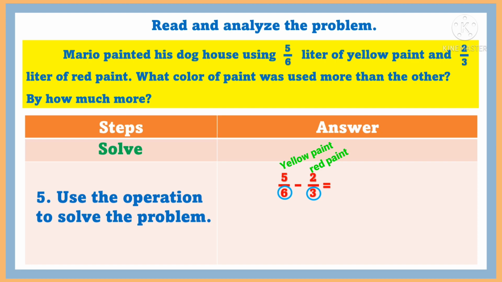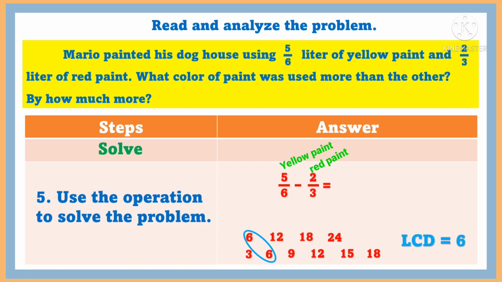So multiples of 6 are 6, 12, 18, 24, and so on. Multiples of 3 are 3, 6, 9, 12, 15, 18, and so on. Now, alin ang common multiple na pinakamaliit? Tama! 6. Ibig sabihin, ang 6 ay ang ating LCD.